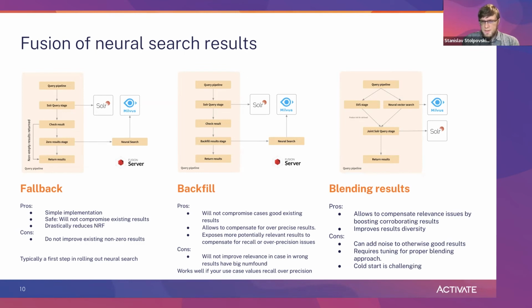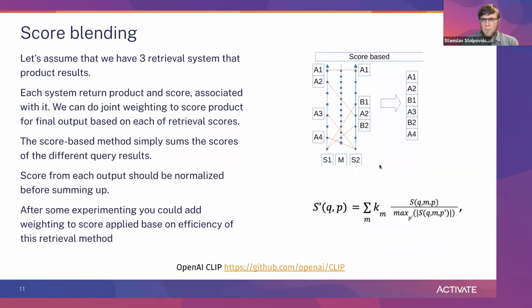And the most effective and the most complex approach is to blend results, incorporating all these three systems. And that works perfectly to fix relevancy issues, but it will require some tuning, and it will not work on a cold start. Let's talk about this blending more deeply.